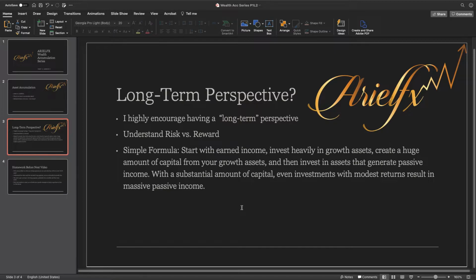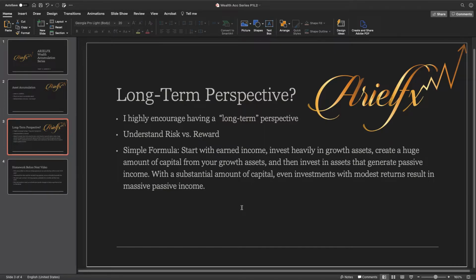The younger you are, the more aggressive you need to be in accumulating assets. I understand if you're older and you already have a wife and kids and a house, you have to take that into consideration. It doesn't mean you shouldn't still be aggressive. Maybe you can dial it back a little bit, but especially if you're very young, in your 20s or even 30s, you should be heavily investing a large portion of your earned income.